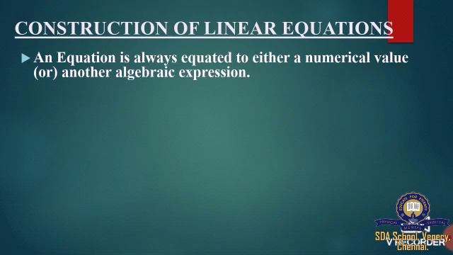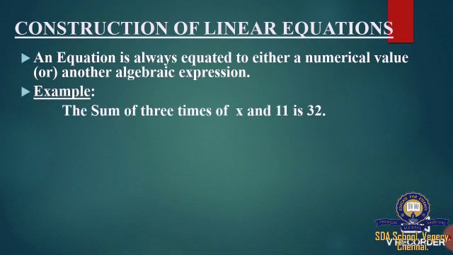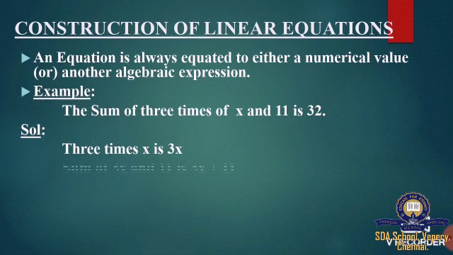Here an equation is always equated to either a numerical value or another algebraic expression. Yes, we see here how to construct a linear equation. For example, we consider the sum of 3 times x and 11 is 32. For that solution, 3 times x is considered as 3x.